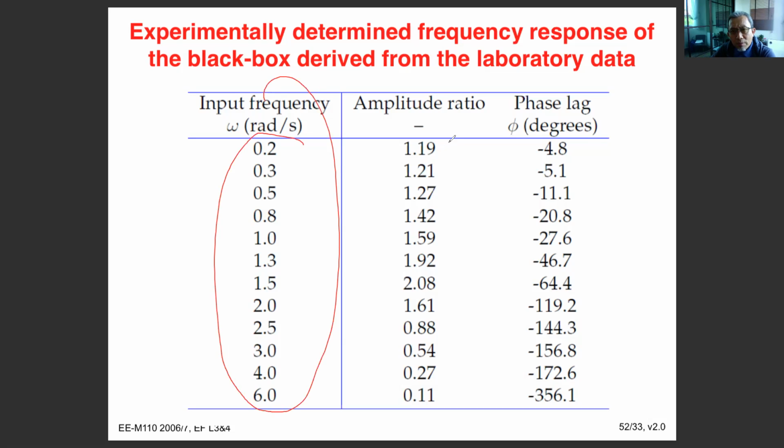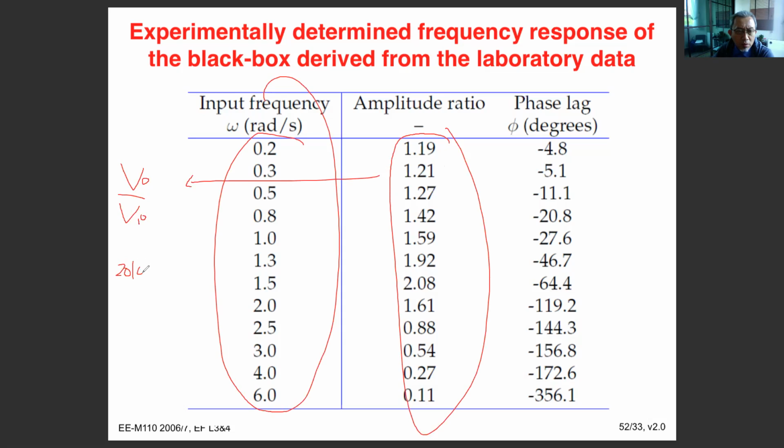Then we capture the amplitude ratio. Amplitude ratio actually is V0 over Vin. So from here, we use 20 log V0 over Vin to get the decibel value. Then we capture the phase in degrees.